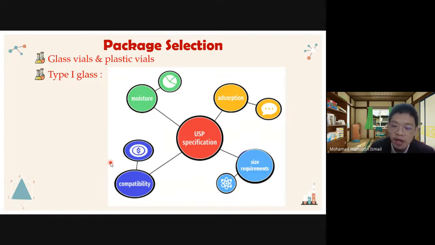We must be able to protect our drug from moisture and any adsorption onto the glass, and consider the compatibility of the glass and the protein, or the type of vial, and then the size requirement. Size requirement means that if we only want to deliver each dose of 1.1 ml, we don't need a 10 ml size, right? That's the meaning of size requirements.